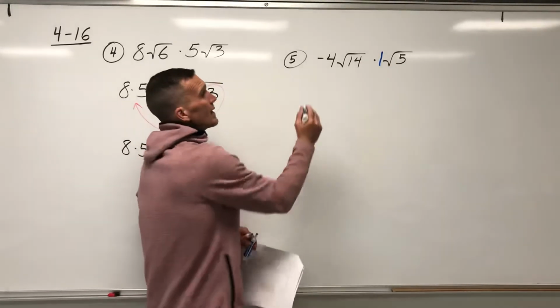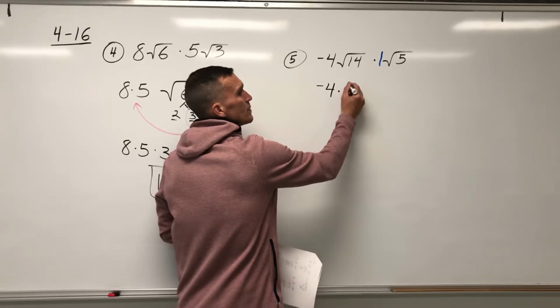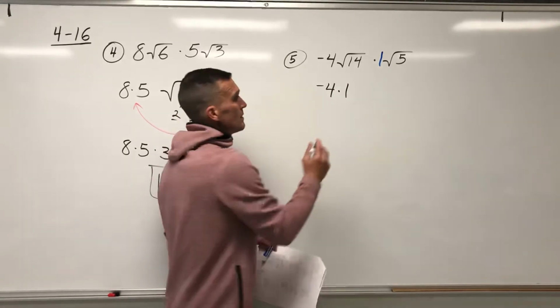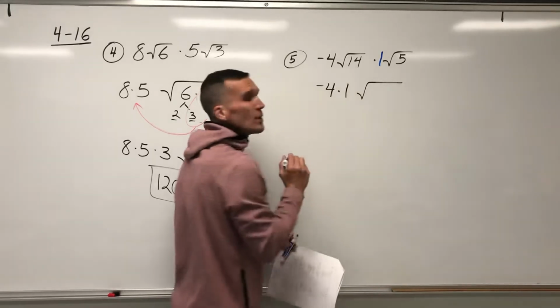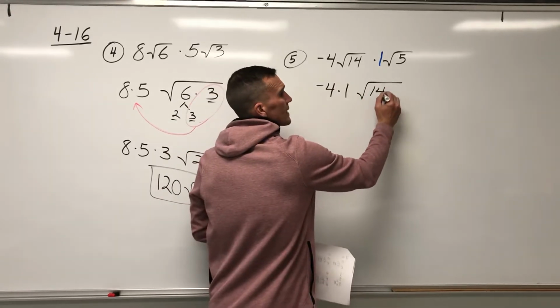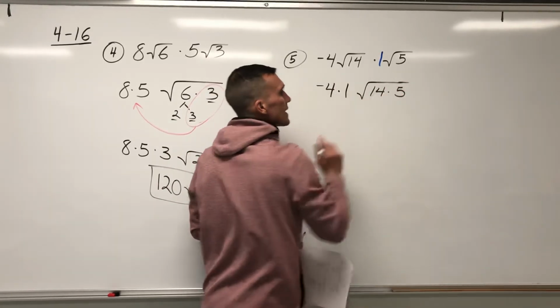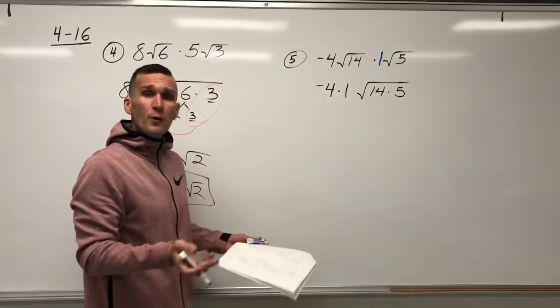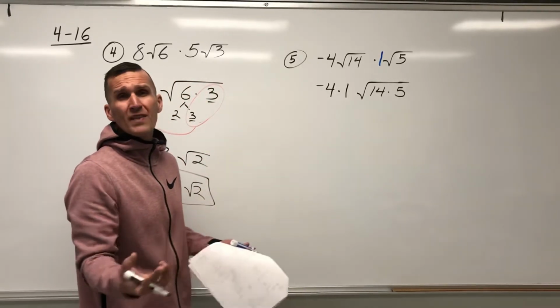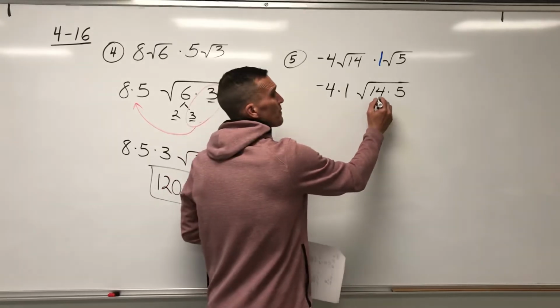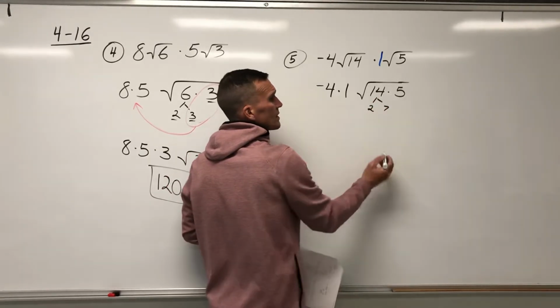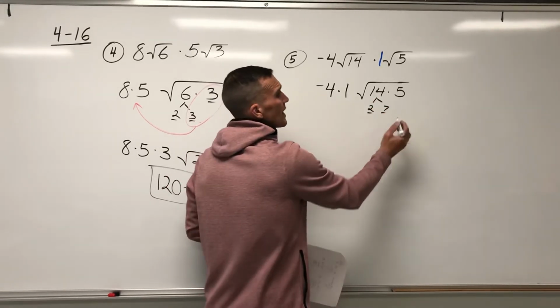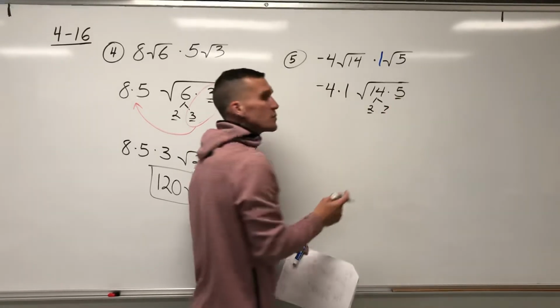So now I go my outside times outside stays outside. I put a square root symbol, because the inside times the inside stays inside. Now 14 is a composite number, so I can break that down to look for pairs, but 14 is only 2 times 7. Now 2 is prime, 7 is prime, and 5 was prime.